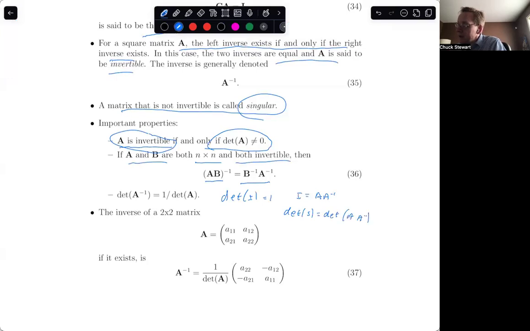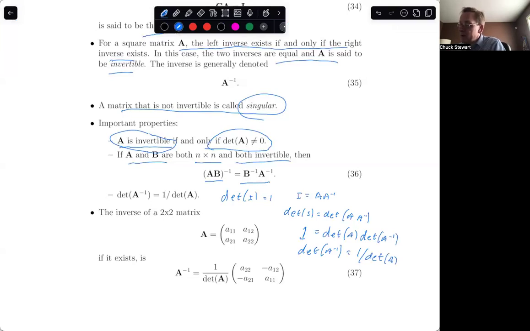But we know that the determinant of the product is the product of the determinants. And so by dividing, you get the determinant of A inverse equals 1 over the determinant of A. So that is a very important property of determinants.